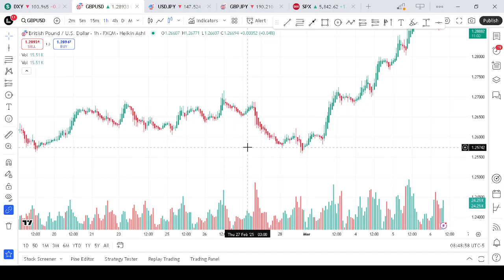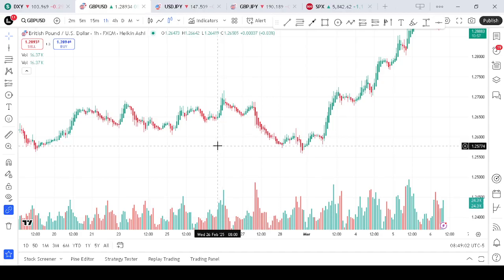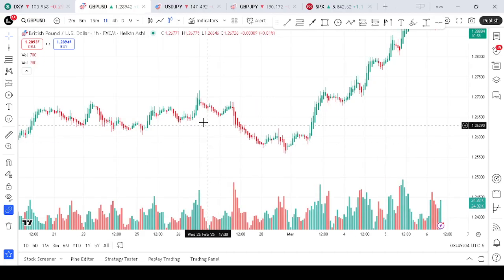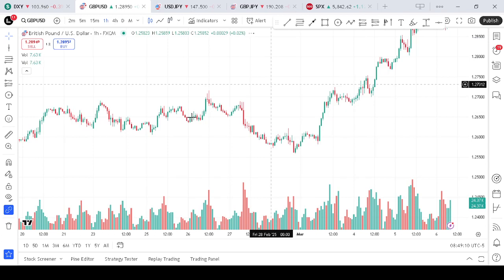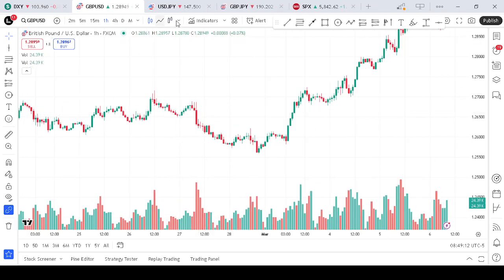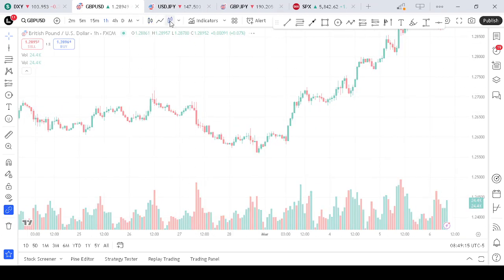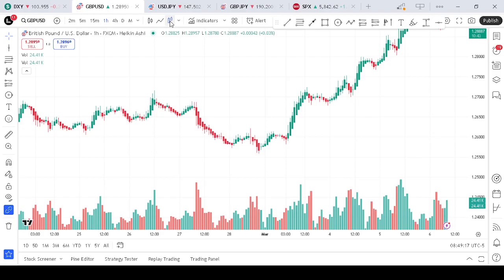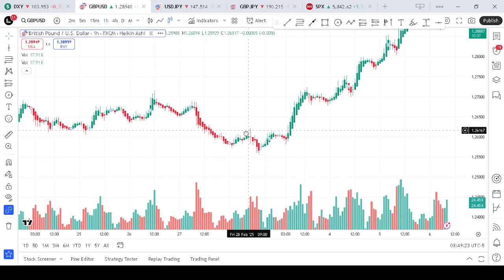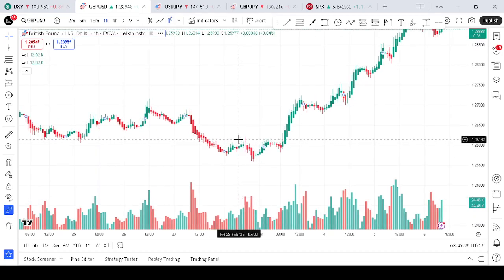The Heiken Ashi candlestick charts are unique tools used in Forex trading that help you analyze chart movements. Unlike your traditional candlestick, unlike this normal candlestick, the Heiken Ashi candlestick pattern is designed to filter out the market noise and provide a clearer view of trends.